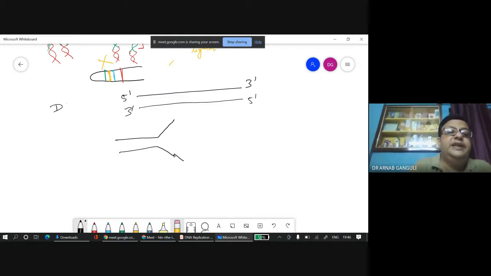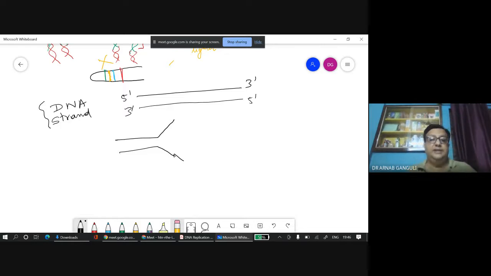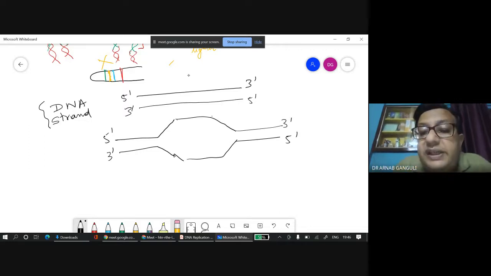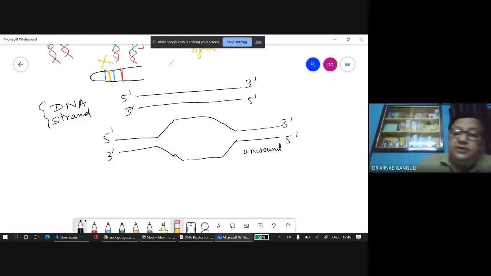This is a DNA strand. This is the DNA strand you find. This has unwound over here. This is unwound over here.